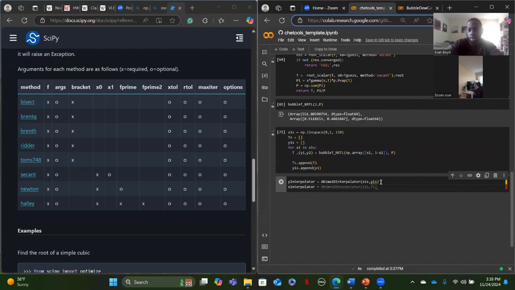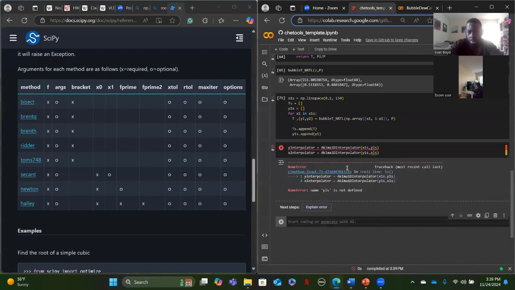We can just copy and paste this as well. And this time this would be Y1s and X. Okay. Oh, I keep putting L. I was like, why does it keep doing that? I keep putting L instead of 1.